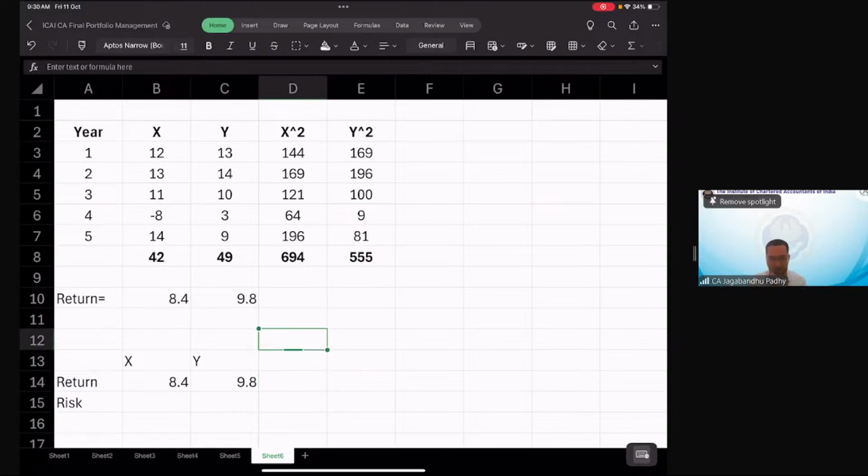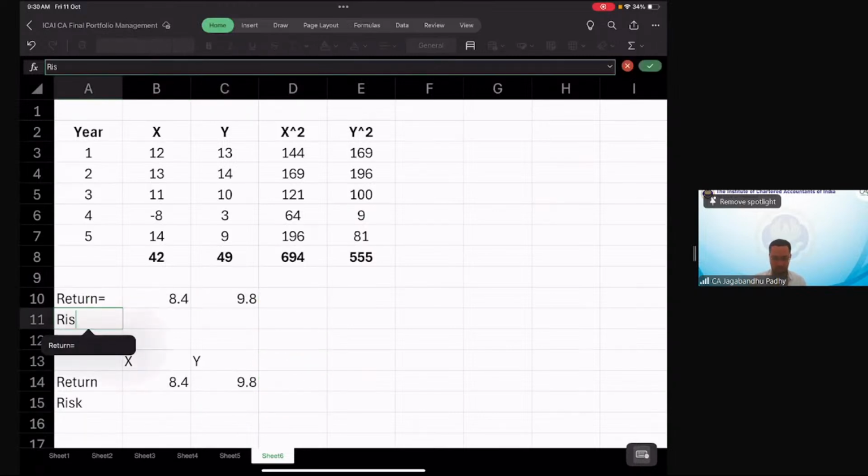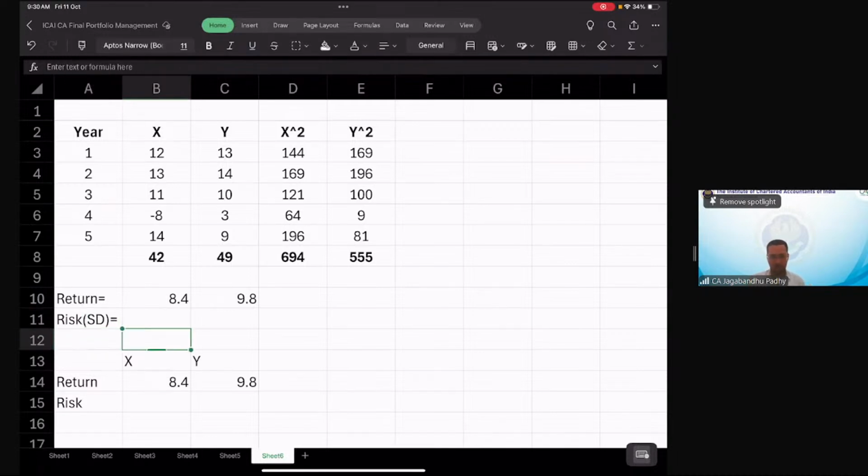Now when we want to compute the risk, or what we call the standard deviation, we can simply apply the square root.